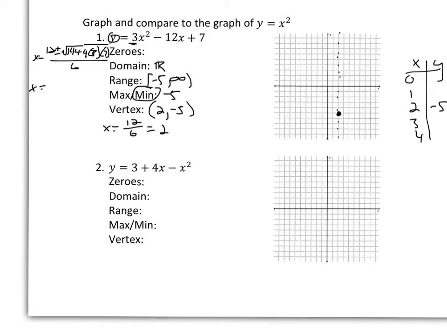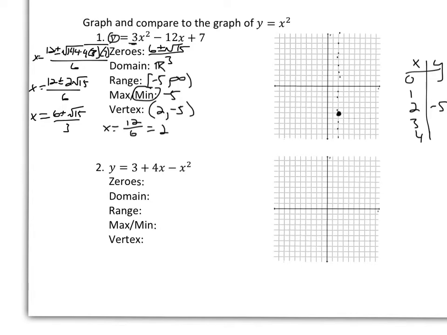So we get x equals 12 plus or minus the square root of 144 minus 84, which is 60, which reduces to 2 root 15 over 6. So we've got x equals 6 plus or minus root 15 over 3. Okay, so those are your two answers.